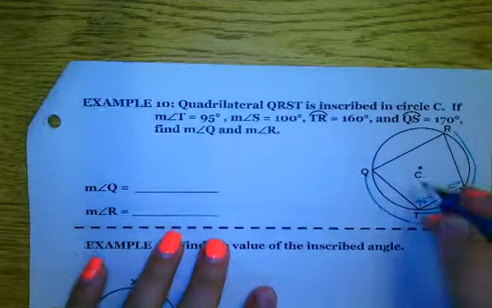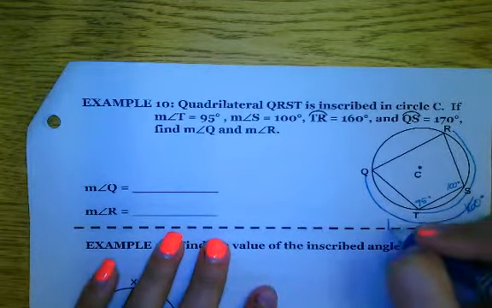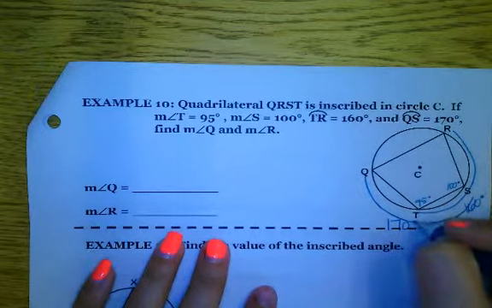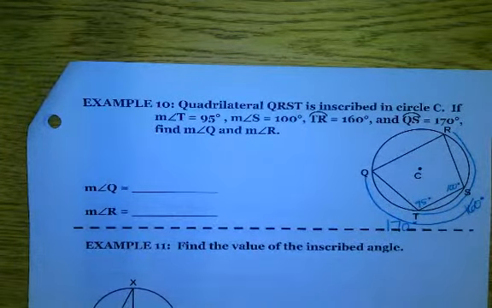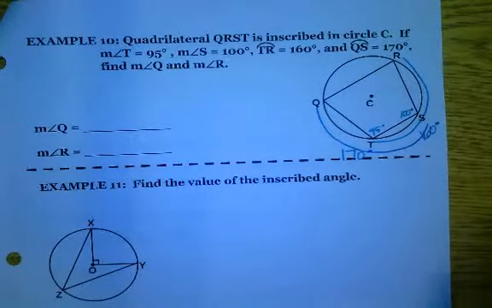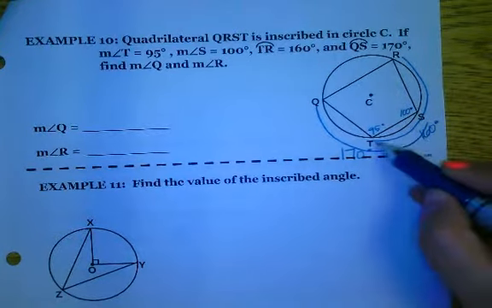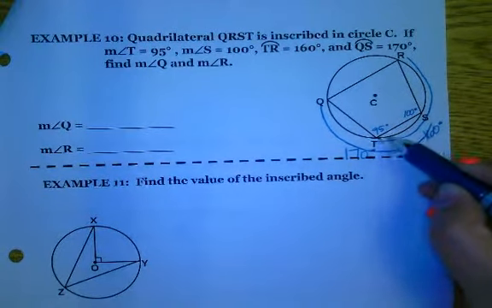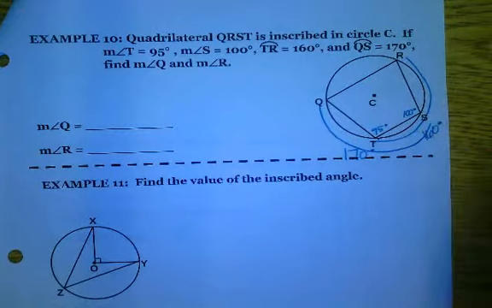Okay, so now we need to find the measure of angle Q and angle R. So what is the measure of arc TS, this little overlapping piece? Could you do it using the inscribed angle thing? Miranda, what did you want to do?